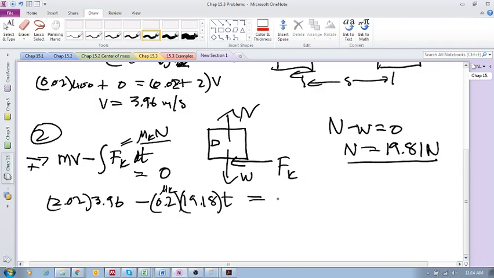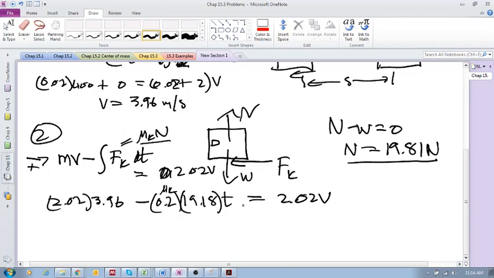And then that is equal to 0. Sorry, this should have been 2.02 times v. Now the reason why we did this is because we want v. I made a mistake here. I should have put the 2.02 v here, times velocity.